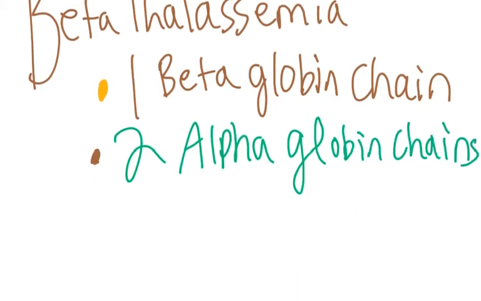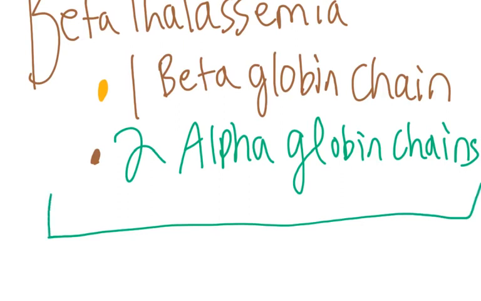And so again, because we have a decreased amount of globin chains that make up our hemoglobin, we're going to have a lower than usual amount of hemoglobin in our red blood cells.